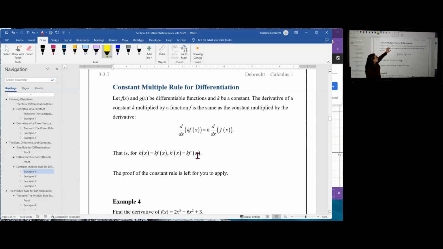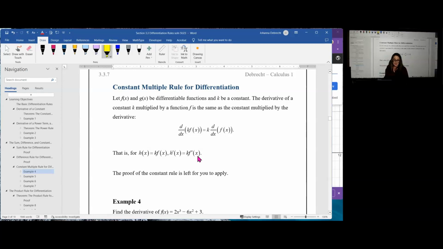It says if you have differentiable functions and k is just some constant number, pi, 5, cube root of a negative 42, then the derivative of the constant k multiplied by the function is the same as if I factor the constant out and then take the derivative and remultiply the constant. The derivative of k times f of x equals k times the derivative of f of x.